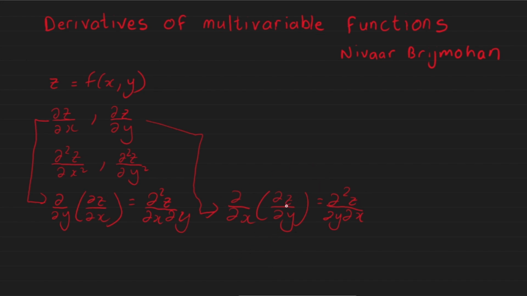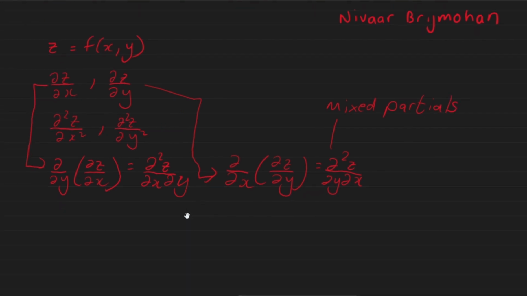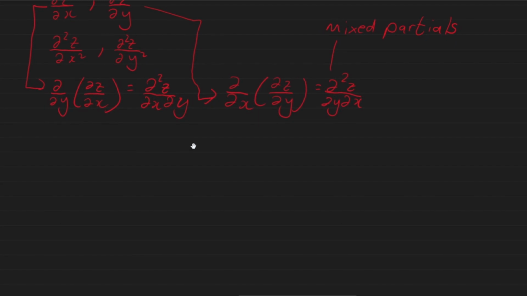So these are called mixed partials. As a general rule, we expect the mixed partials to be equal. So that is ∂²z/∂x∂y is equal to ∂²z/∂y∂x.